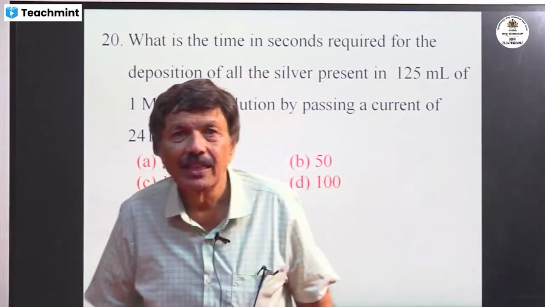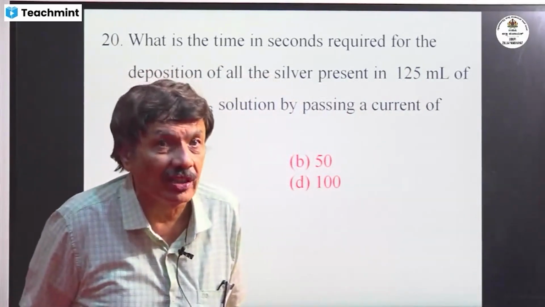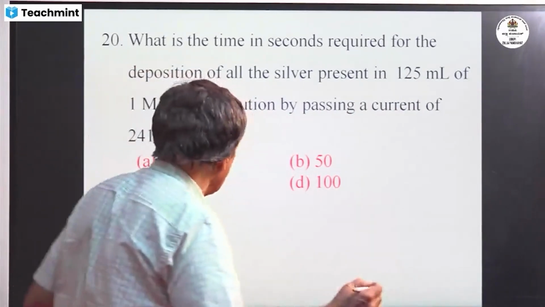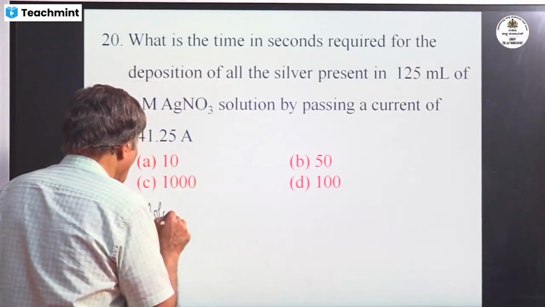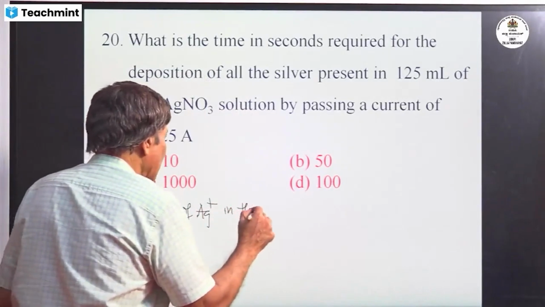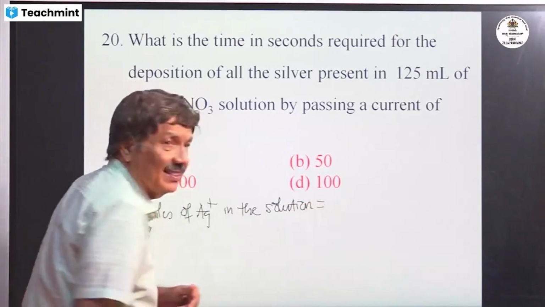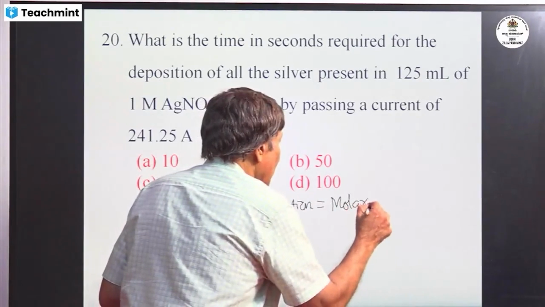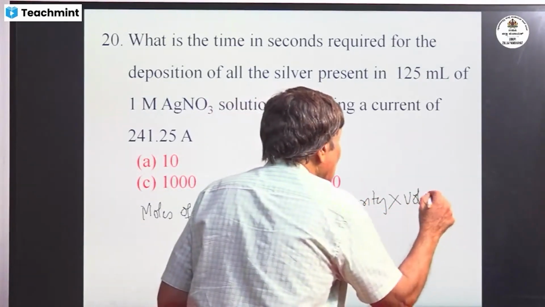Right. First, we will find out the number of moles of silver ion. To find the number of moles in a solution, the number of moles of Ag+ in the solution is molarity into volume of solution in liter.